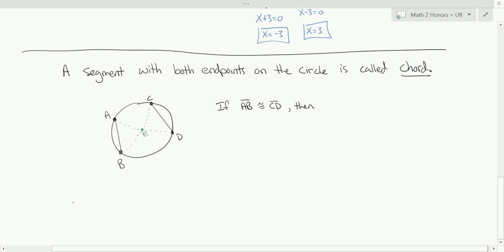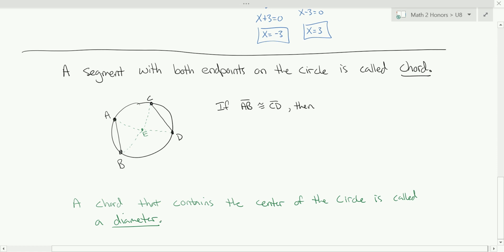What do you call a chord that contains the center of the circle? A diameter, huh? Okay, and you guys have heard that word before, diameter.